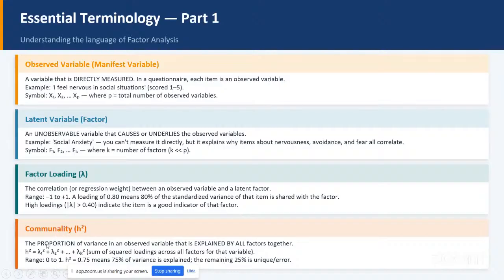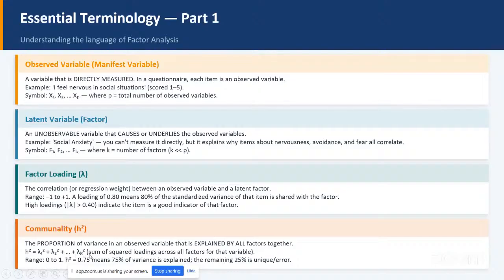h square, that is communality. What is communality? The proportion of variance in an observed variable that is explained by all factors together. The exact equation is the sum of the squares of the factor loadings, nothing else.